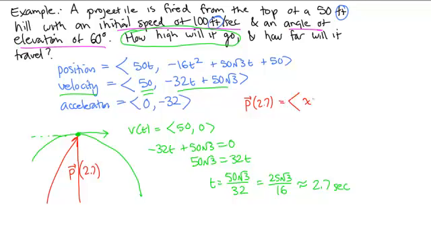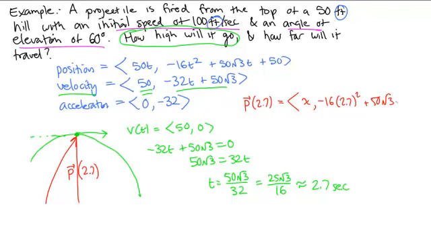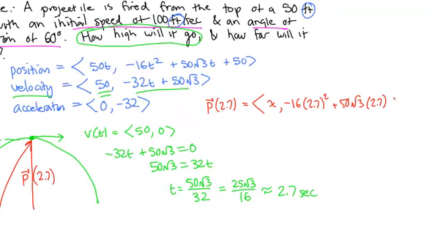It's got an x-coordinate, which I don't care about. And so all I care about is the y-coordinate, minus 16 times 2.7 squared, plus 50 root 3 times 2.7, plus 50. And if I work that out, I'm going to get 167.2. So how high will it go? About 167 feet.